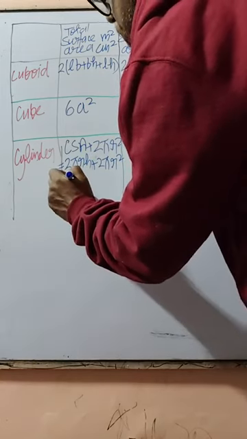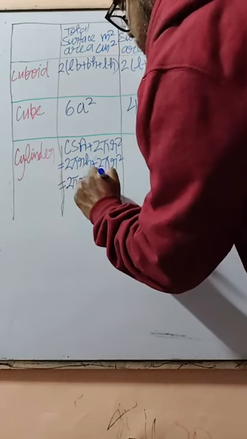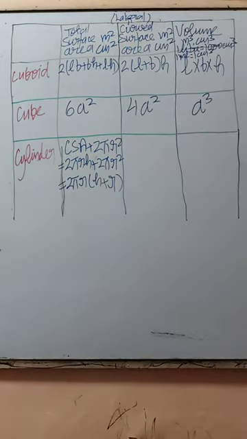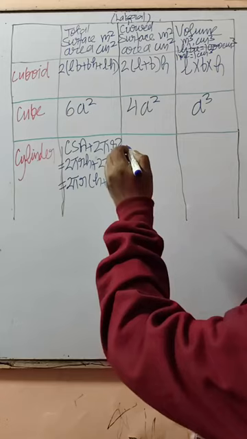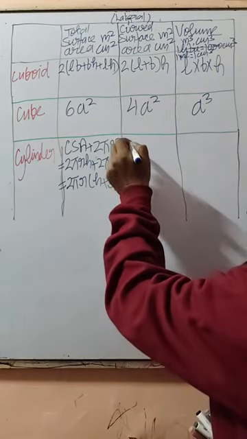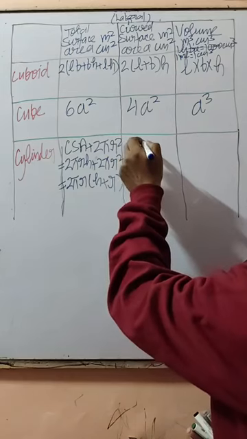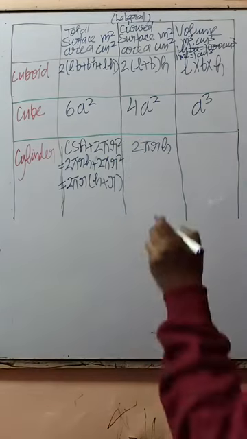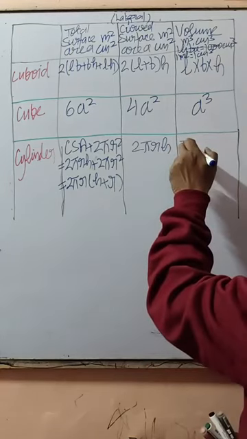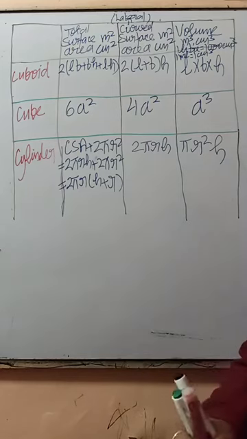If we take 2 pi r as a common, it becomes h plus r. Ready? Yes, sir. And the curved surface area is 2 pi RH, right? And volume is pi r square h. You get this? Yes, sir. Okay.